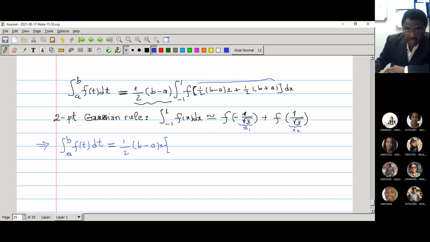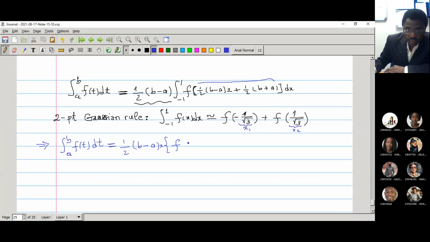I take this and substitute here inside. So this x is this one. So this will be f of x1, I take x1 and put it here.